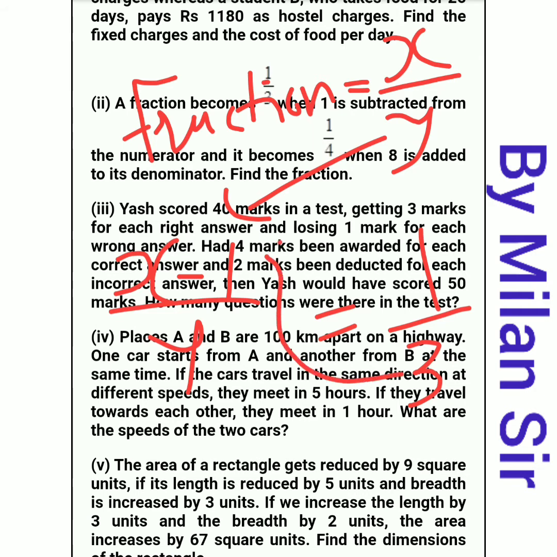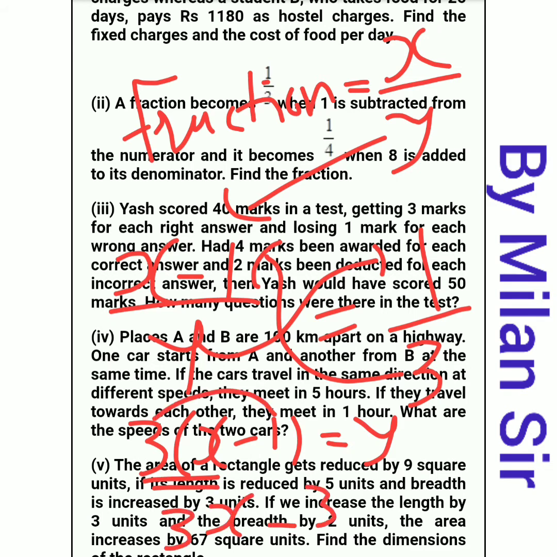Now transfer this 3 to the left hand side. So 3 into x minus 1. Now transfer this y to the right hand side. So y ones are y. Now 3 into x, 3x, 3 ones are 3 is equal to y. So 3x minus 3 is equal to y.